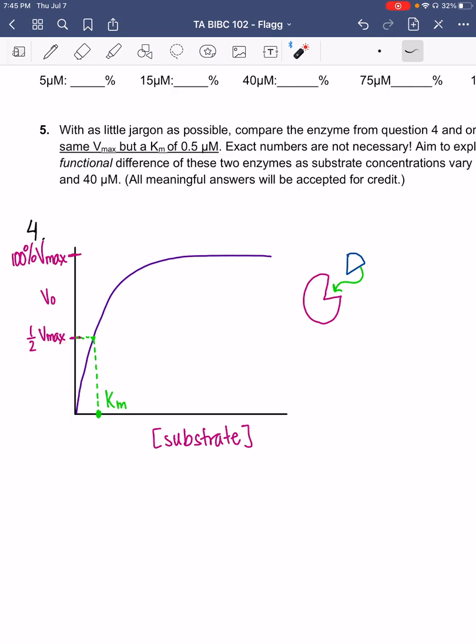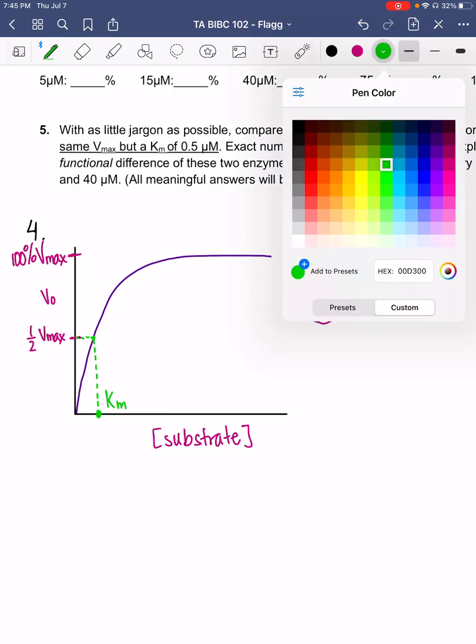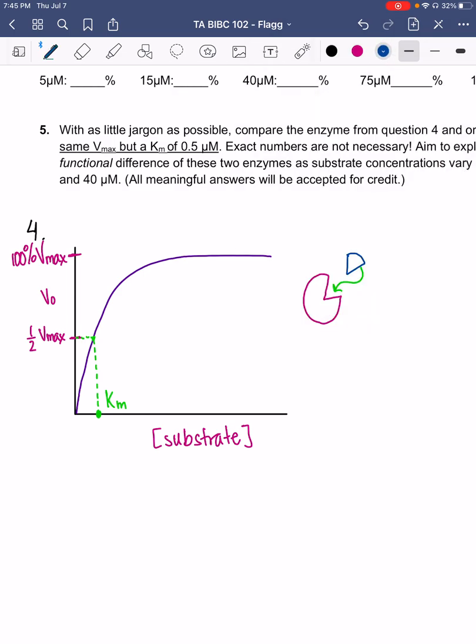If this enzyme needed a lot of substrate, let's say, where's my blue marker? Let's say there needs to be so many more of these. Let's say there's 1,000. There needs to be 1,000 substrates for this enzyme to finally attract one and perform a reaction at 50% of its speed.